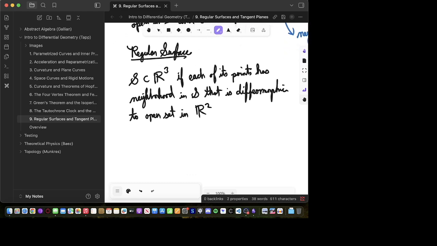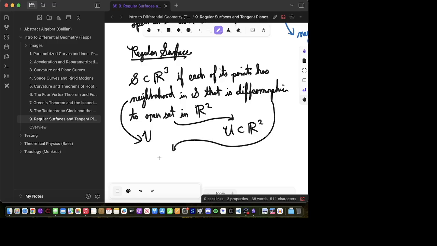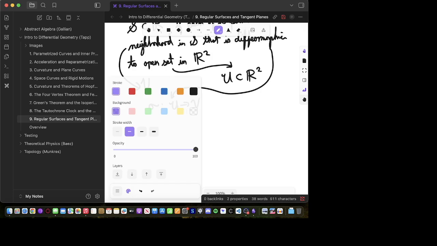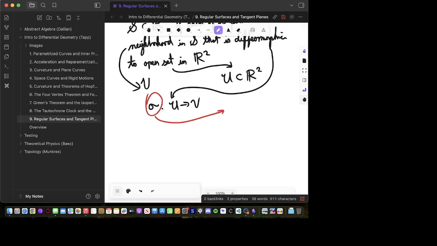So let's say we call the neighborhood V, and we say that there's an open set U, which is a subset of R2, open set in R2, and there's a diffeomorphism from U to V, which we will call sigma. This diffeomorphism is called a surface patch, or it is called a coordinate chart.